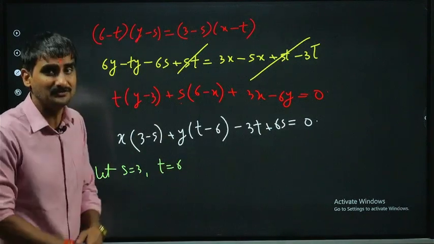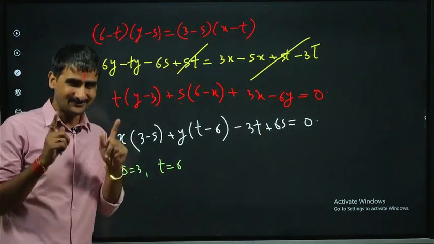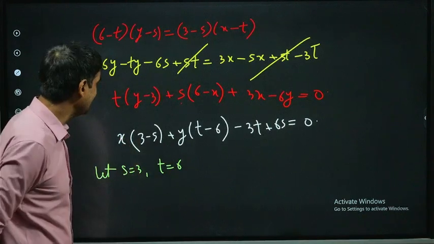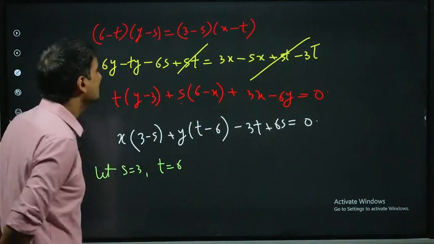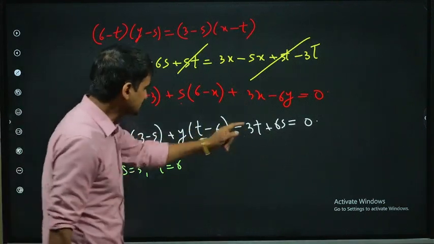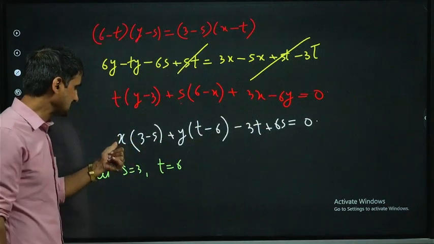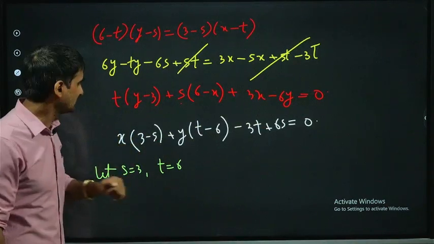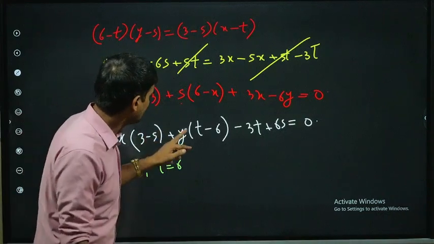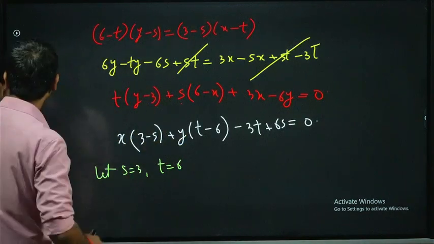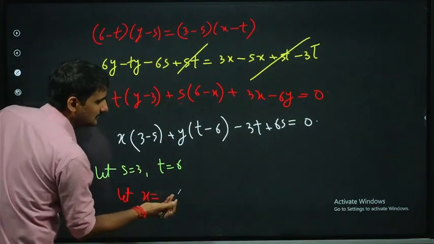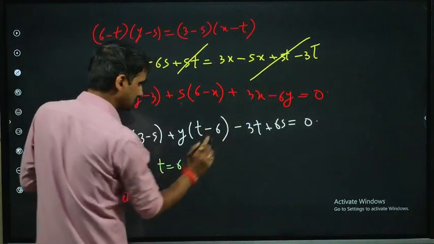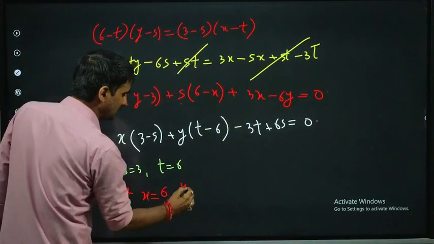But we don't actually need s and t, we need x and y, because the line has to pass through a fixed point. So let us say x is 3 and y is 6.